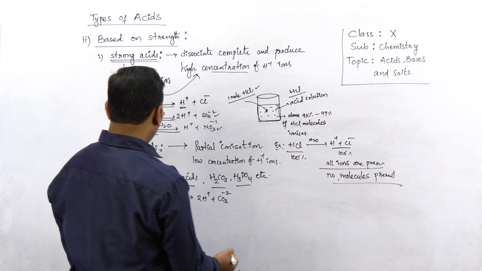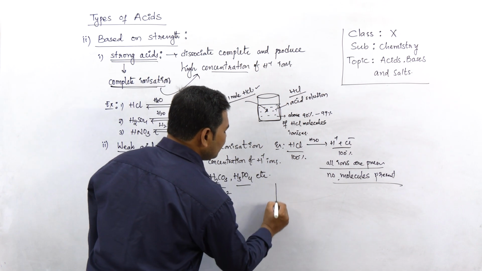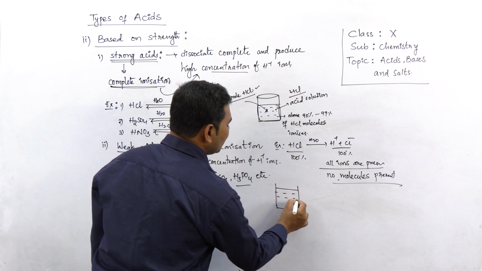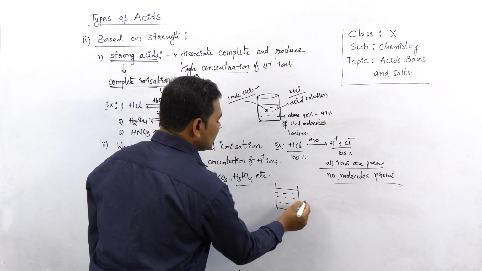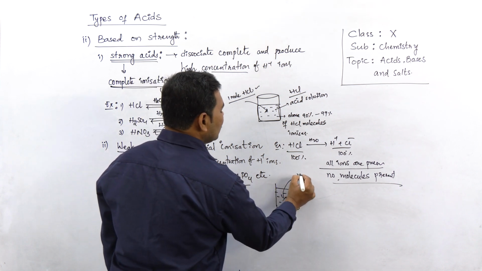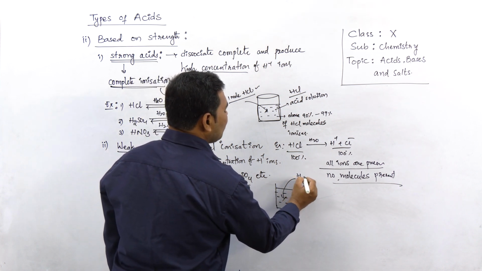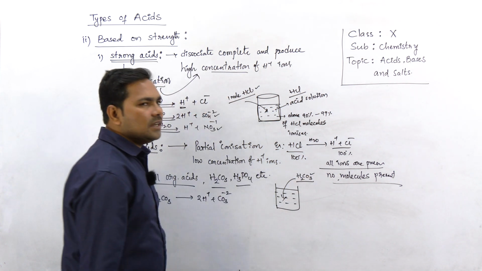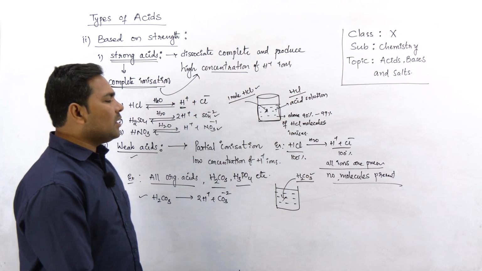Whereas if you take a solution of a weak acid, right? Let's prepare a solution of a weak acid. This is distilled water. To this distilled water, I'm adding carbonic acid, H2CO3. It's the formula of carbonic acid. How do we get the carbonic acid formula?